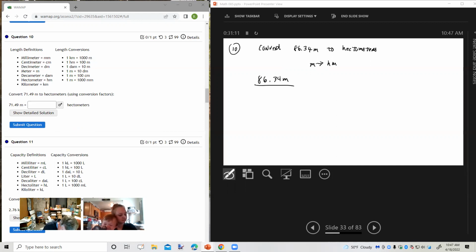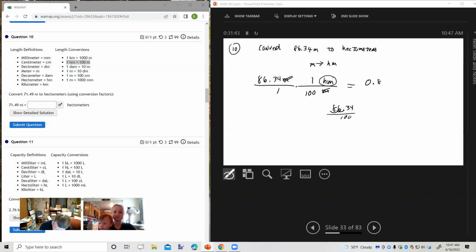So we're going to go from 86.34 meters to hectometers. And 1 hectometer is 100 meters. So now units of meters cross out, and I've got hectometers, but I'm dividing by 100. 86.34 divided by 100, we move the decimal point 2 places to the left.